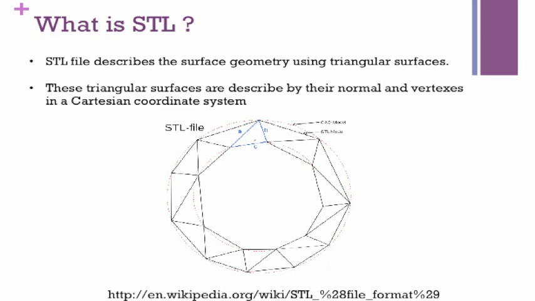A type of CAD that is related to 3D printing would be the .stl file. So what is an STL file? Basically it describes the surface geometry using triangular surfaces. This gives you an idea that this is a surface model in terms of geometrical modeling. These triangular surfaces are usually described by their normals and vertices in a Cartesian coordinate system.